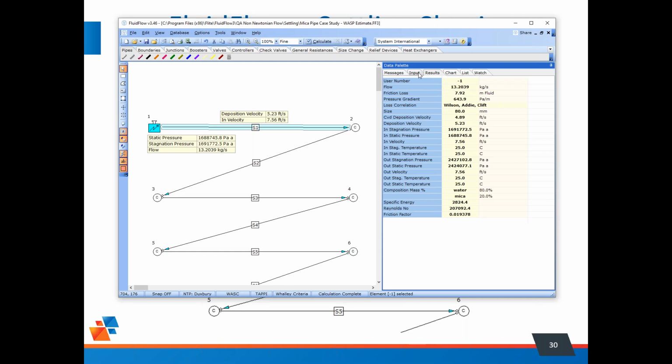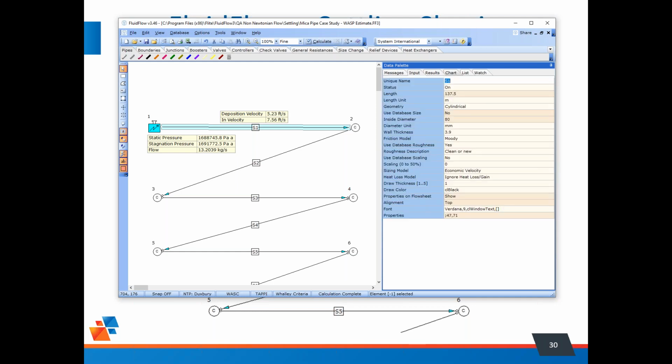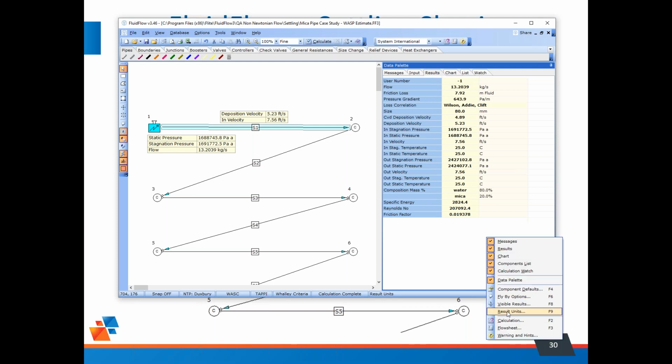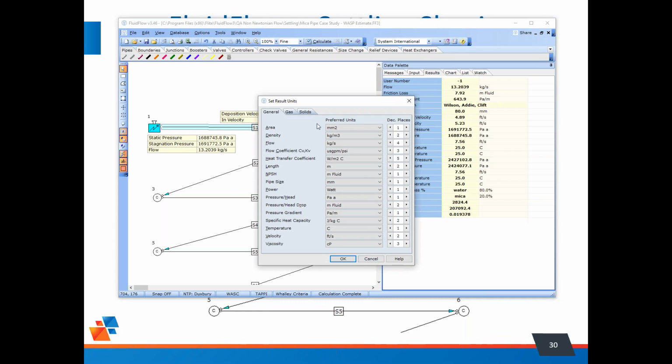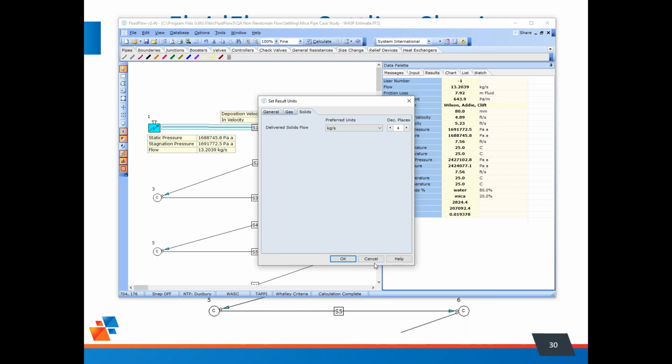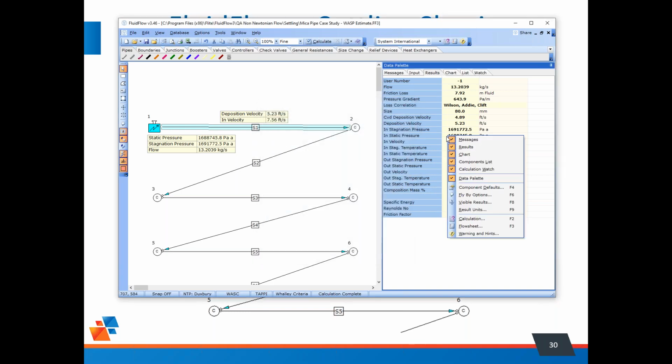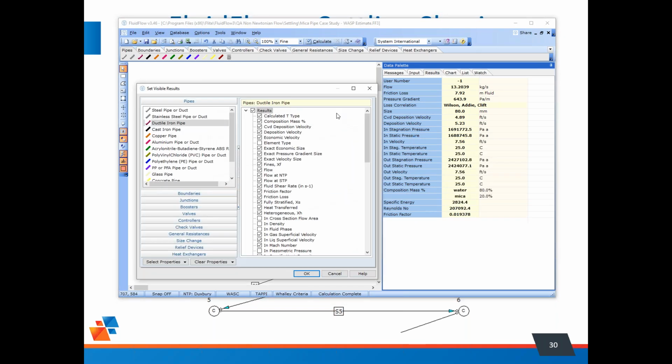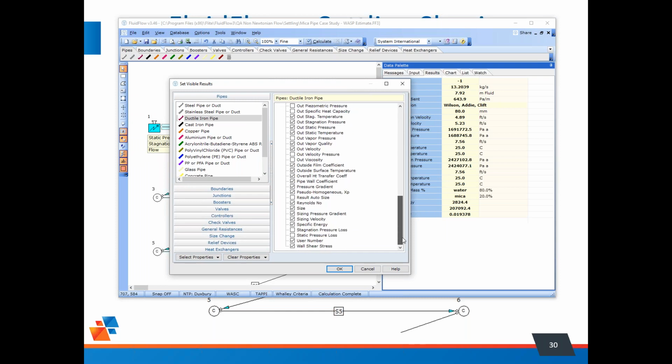Also, what we could show here is the solids delivered. So if I go, say, to results units, I can display solids delivered in kilograms per second. And let's look at visible results, a number of output measures here. And I'm looking for, okay, let's see, solids delivered.